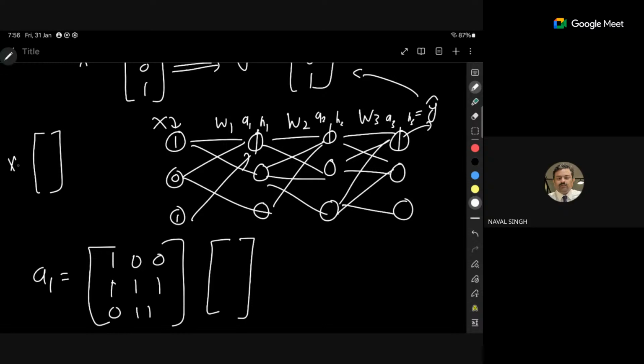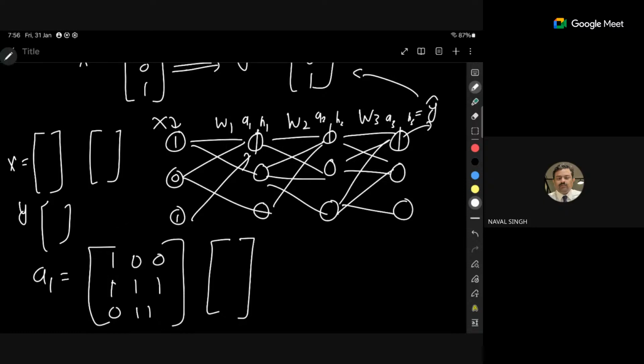Let's say this is my input, I represent it as a column. My y is also a column. So ideally, my weights for one neuron should be a column too. But what we are doing is taking them as rows, so we are automatically doing the transpose. Whatever weights are given to you are already transposed.